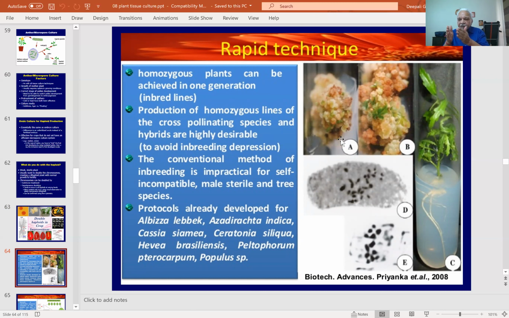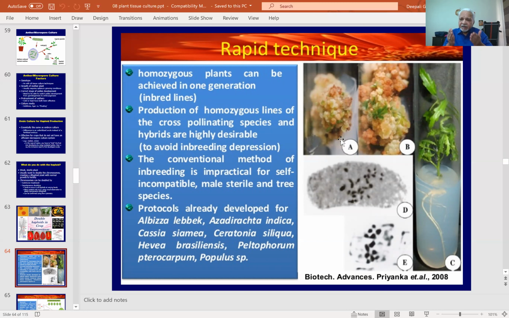If it is a dominant gene, capital T, it becomes capital T, capital T, as in Mendel's work, if you refer to it. And if it is a recessive gene, small t, then it becomes small t, small t. So in one go, heterozygosity is removed completely, and all the traits which are represented in the genes become homozygous.